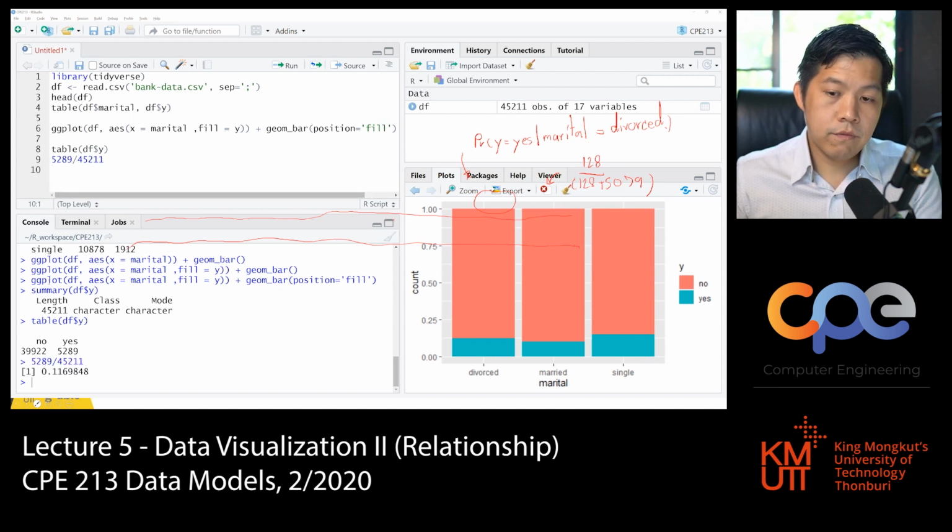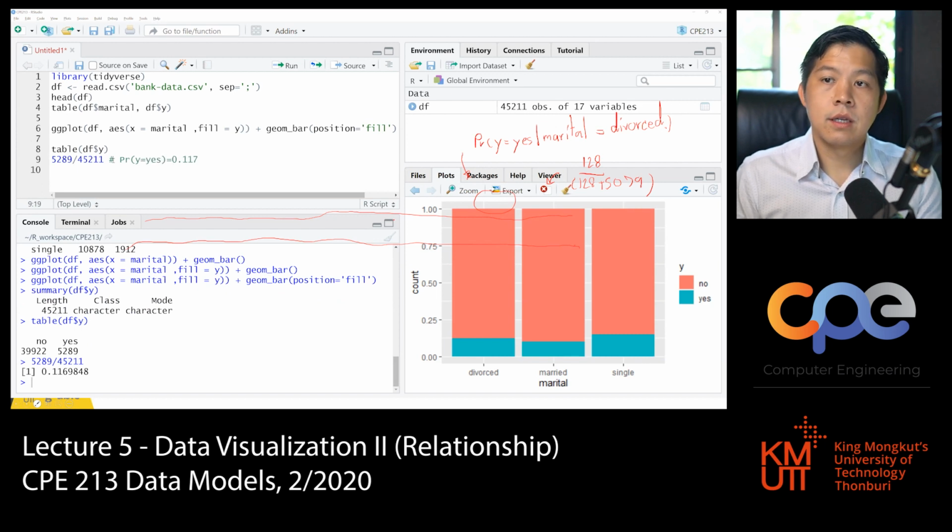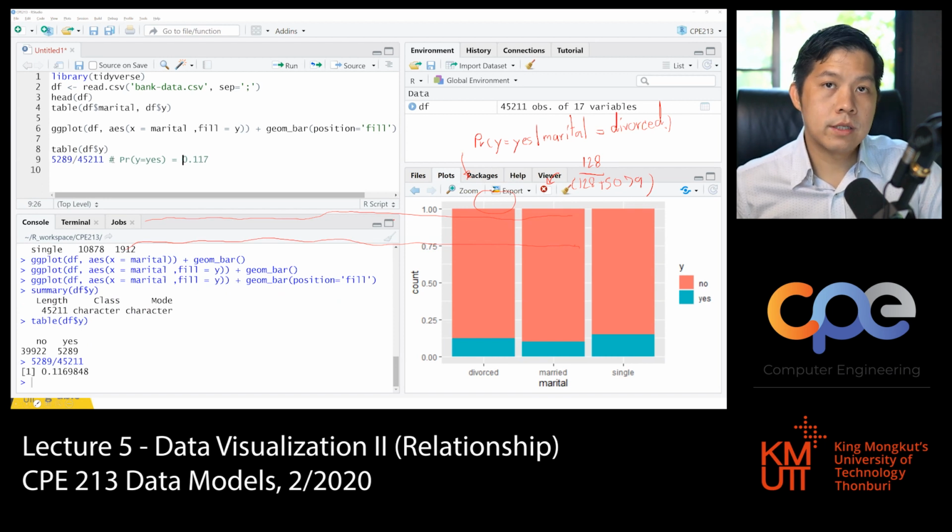So if you look at this, the chance is about 0.117. This is the probability of yes, right? Probability of y equal yes equals 0.117.